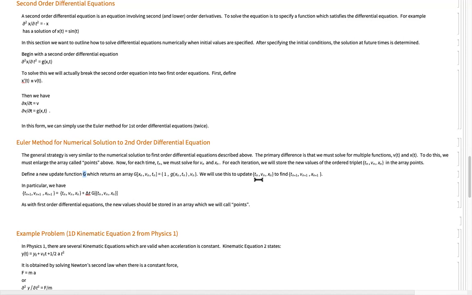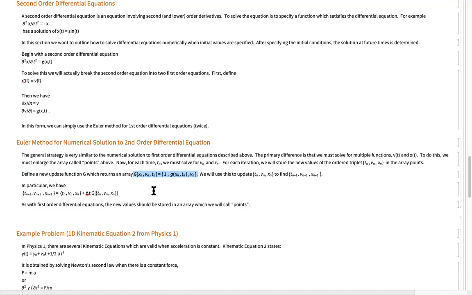Okay, so you're going to take a point Tn, Vn, Xn to find Tn plus 1, Vn plus 1, Xn plus 1. And the way we're going to do that is we're going to say that the new values are the old values plus delta T times this capital G function, right here.